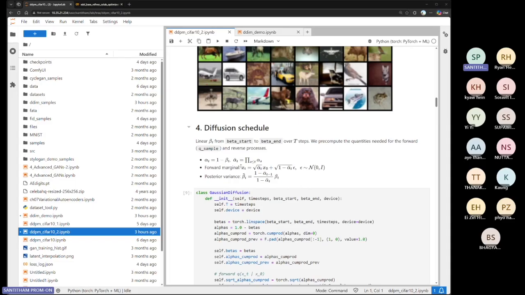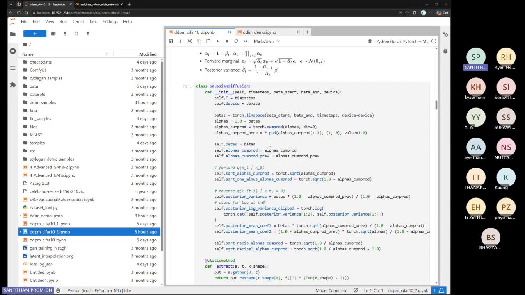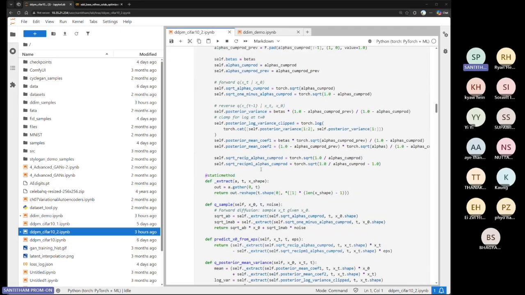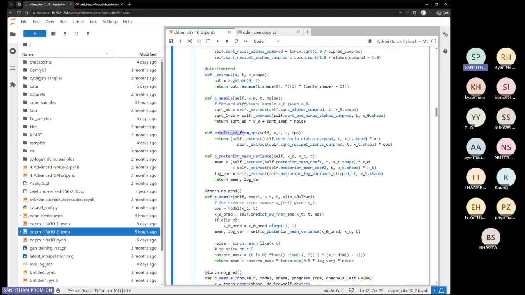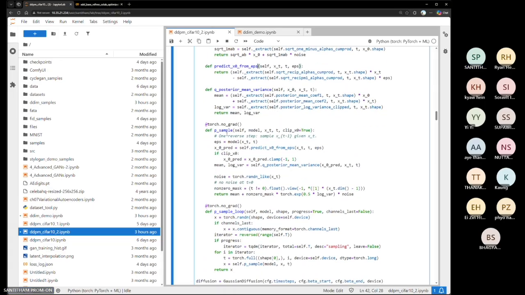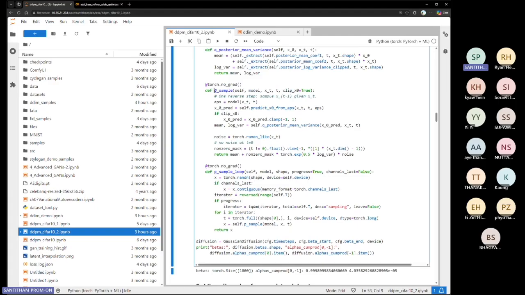And these are the same ones. We have the diffusion model, Gaussian diffusion, which contains Q sample to sample Qt given Q0, and predict X0 from epsilon, and P sample, which reverses the step, to get xt minus 1 out of that.